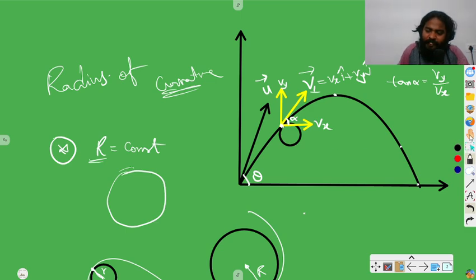The centripetal acceleration is always towards the center.